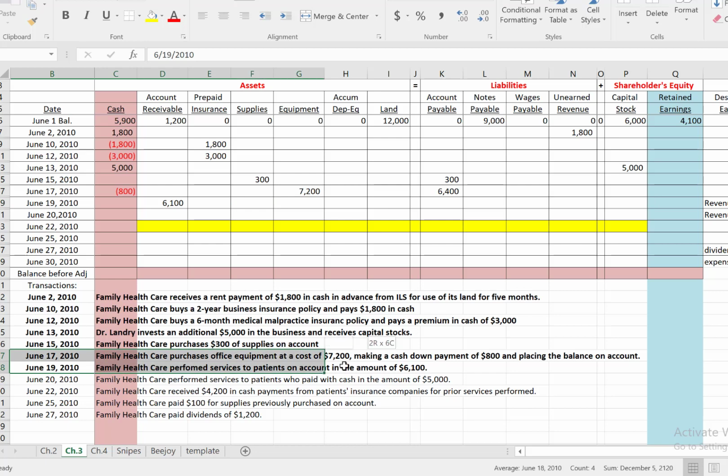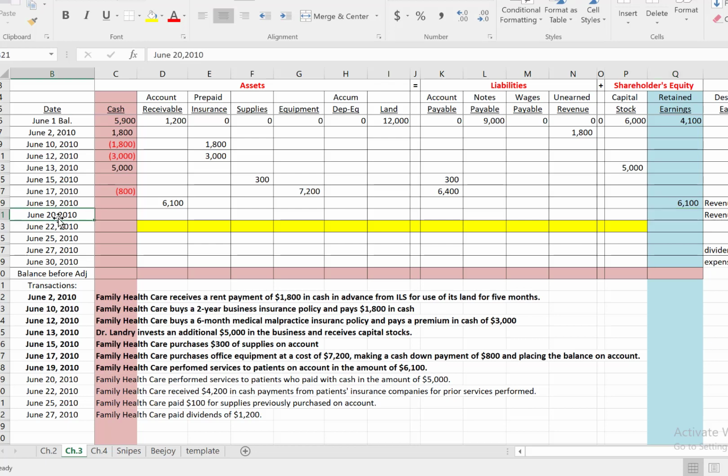We perform medical services. That's the core of the business. Therefore, we have revenue, and revenue is reported as an increase in retained earnings. So we have $6,100 over here.